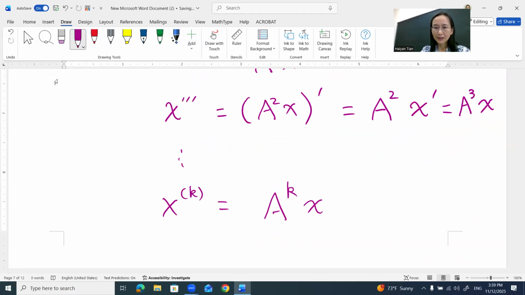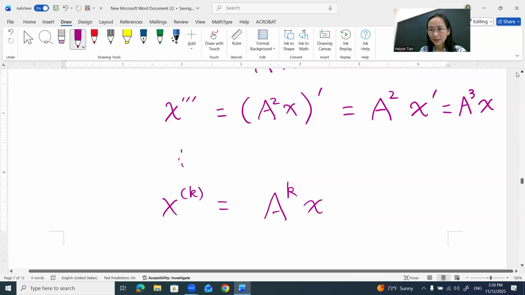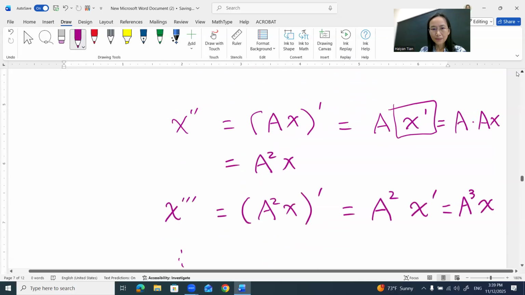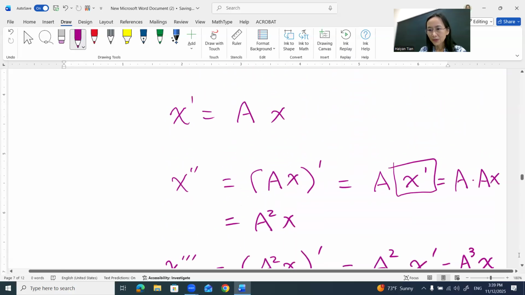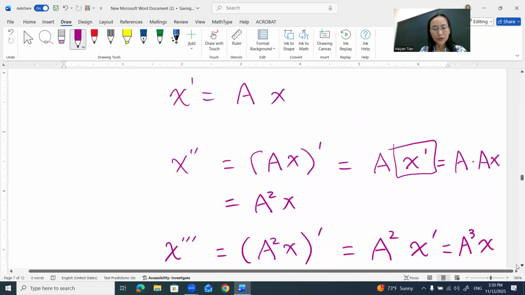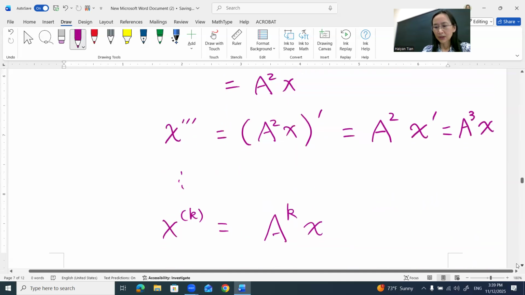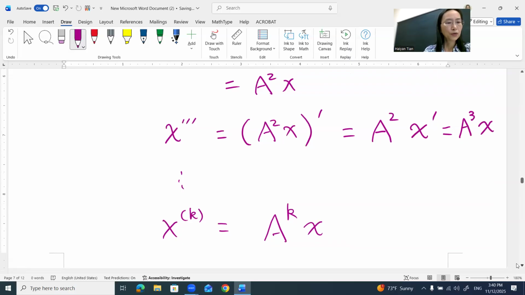So that gives us any order derivative of x, the solution of the homogeneous problem.